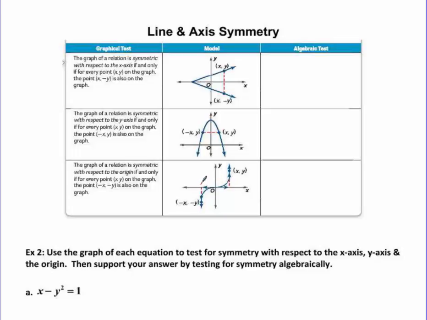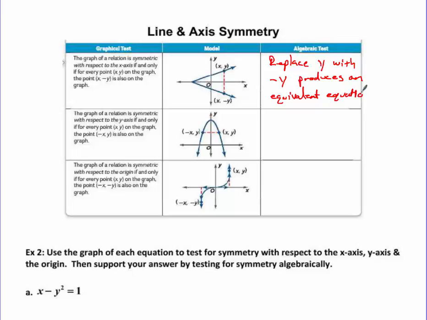So there's real quick, easy ways to tell without actually having to graph things, whether or not they're symmetric to the x, y, or origin. To tell if a relation is symmetric with respect to the x-axis, all we have to do is replace y with negative y. And when we do that, if replacing y with negative y produces an equivalent equation.